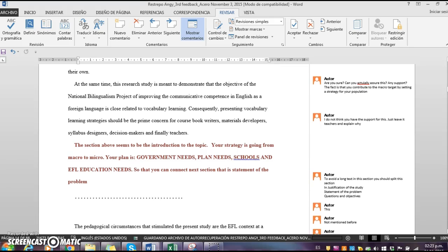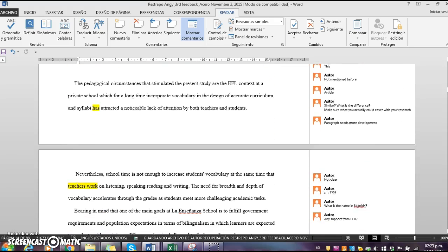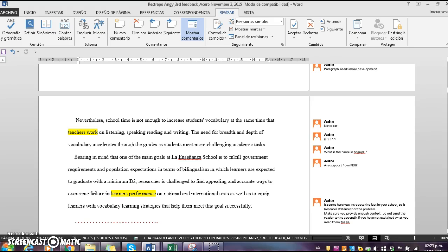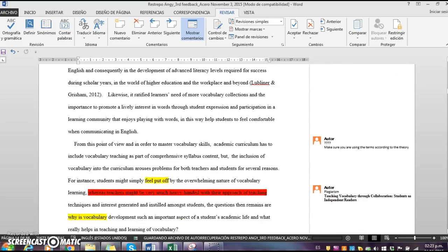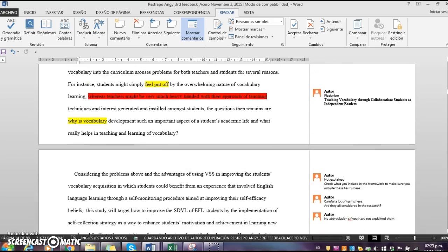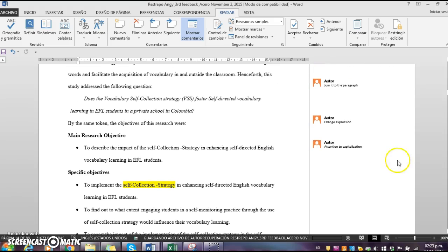So you will see a lot of comments in which I say paragraph development and connection among ideas, because paragraphs are independent, and there are very, very short paragraphs that are just stating an incomplete idea.